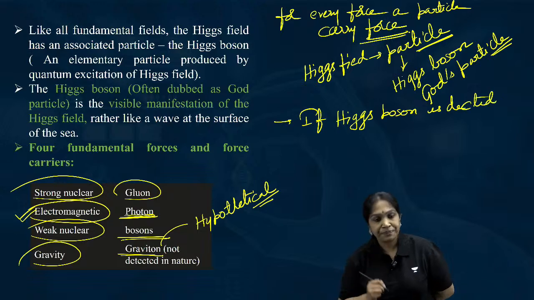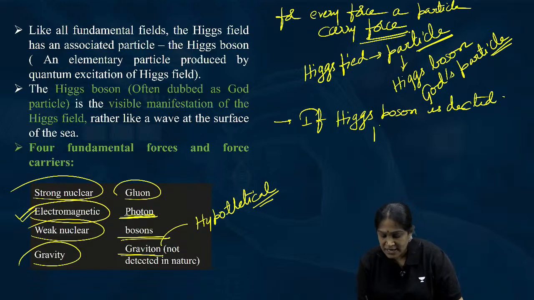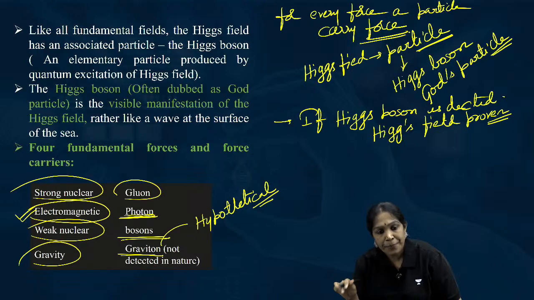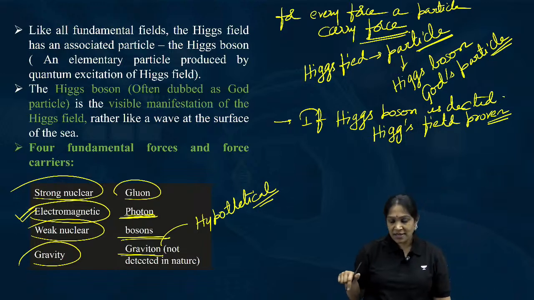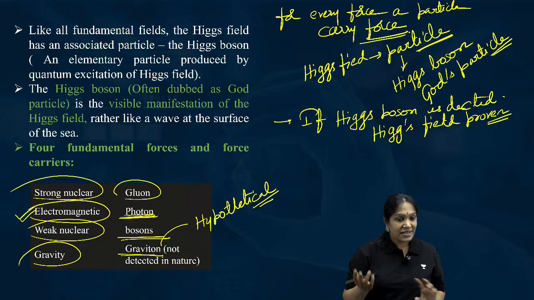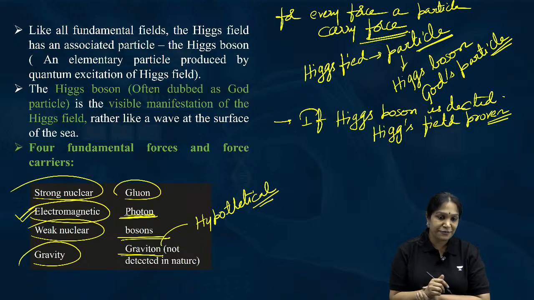If the Higgs boson is detected, the advantage is the Higgs field will be proven. We will prove that there is a field called the Higgs field.